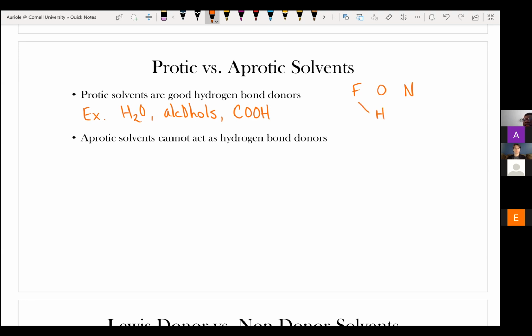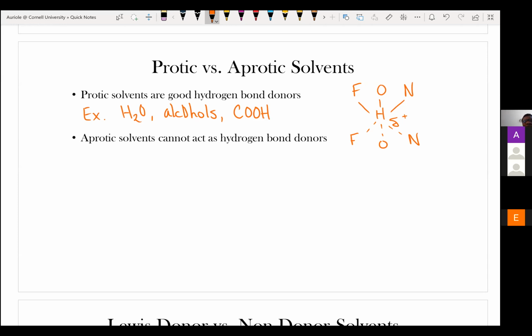And when you have these bonds, because of how electronegative these atoms are, this hydrogen is going to develop a partial positive charge, and then it can form these hydrogen bonds with what we are going to call H donor acceptors.